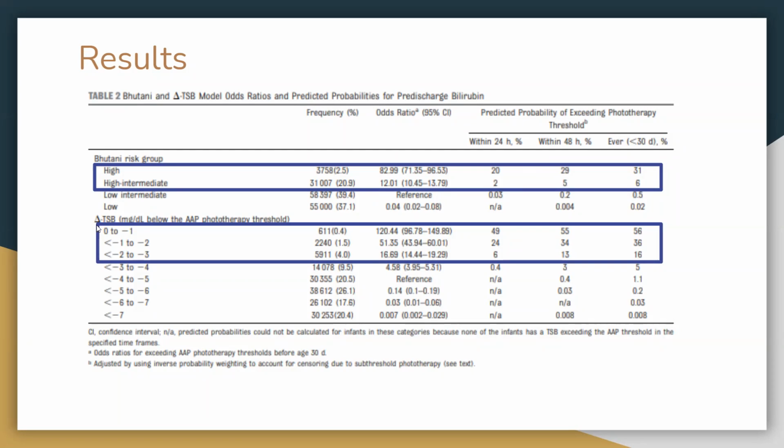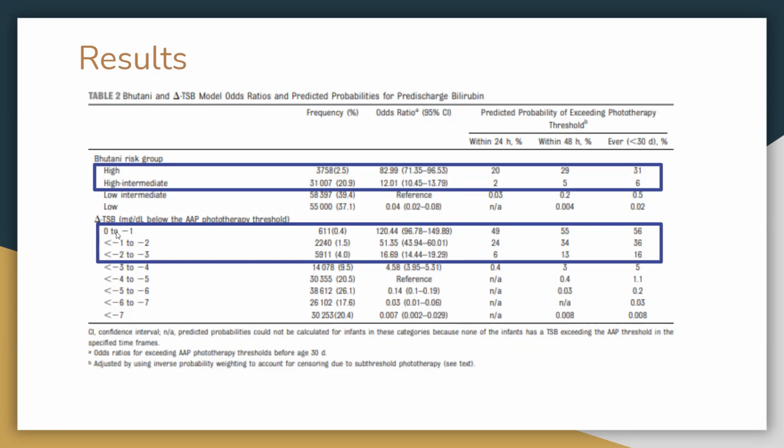Then taking the change in total serum bili, or the delta TSB, in the different categories of -0 to -1 below your threshold at time of discharge, -1 to -2, or -2 to -3, you see that the closer you are to the threshold at the time of discharge, the more likely you are to exceed your phototherapy threshold sooner.